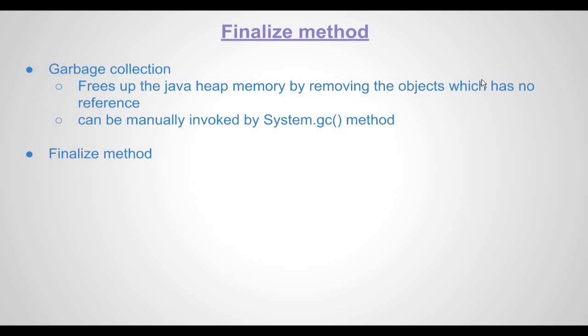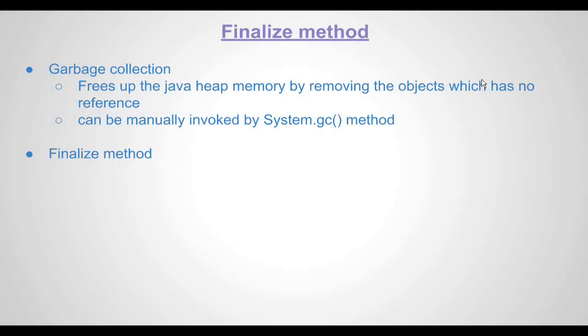So Java has a garbage collection mechanism. It will run in the background periodically or at random intervals of time, and it will clear all the objects that do not have any reference. So it will deallocate the memory for all those objects.